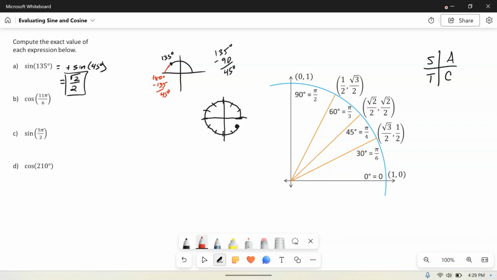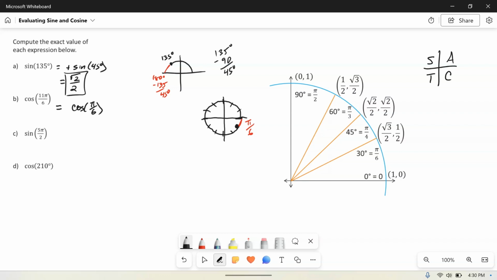Okay, and if we want to find our reference angle, how far is it from 11 pi over 6 to the x-axis? It is a distance of pi over 6. We can just drop the 11 and say it's pi over 6. Okay, so cosine of 11 pi over 6 is equal to the cosine of just pi over 6, and we just need to apply the sign, whether it's positive or negative.